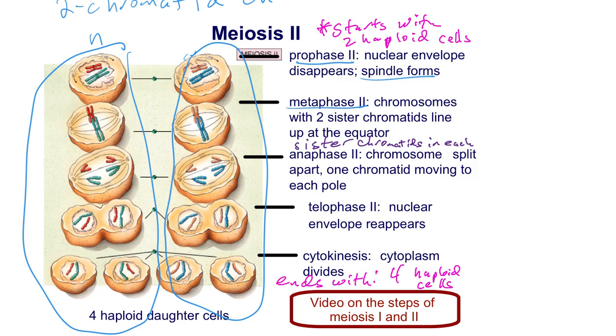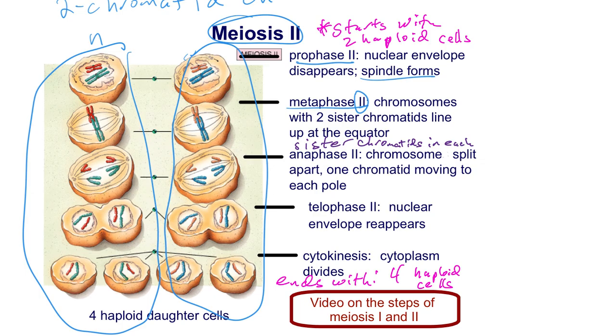Metaphase 2 happens during the second meiotic division. So the 2-chromatid chromosomes line up at the equator of the cell, pushed or pulled by the spindle. The next stage is anaphase 2.